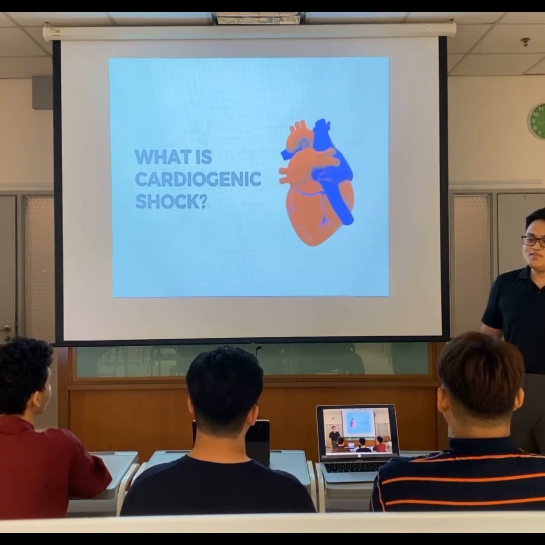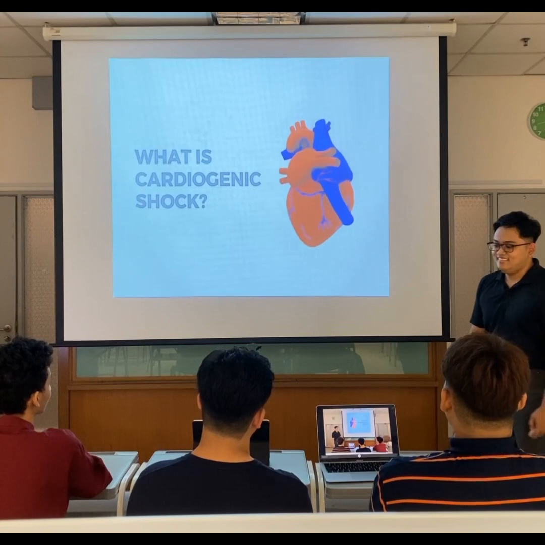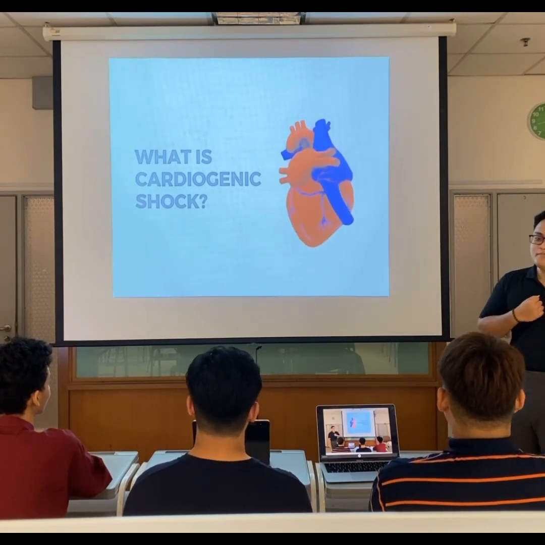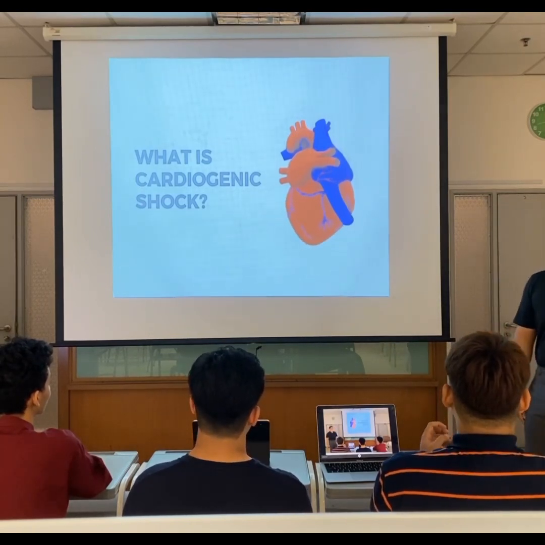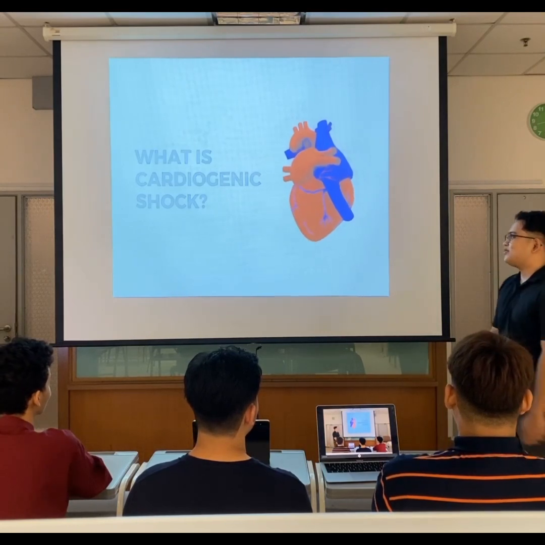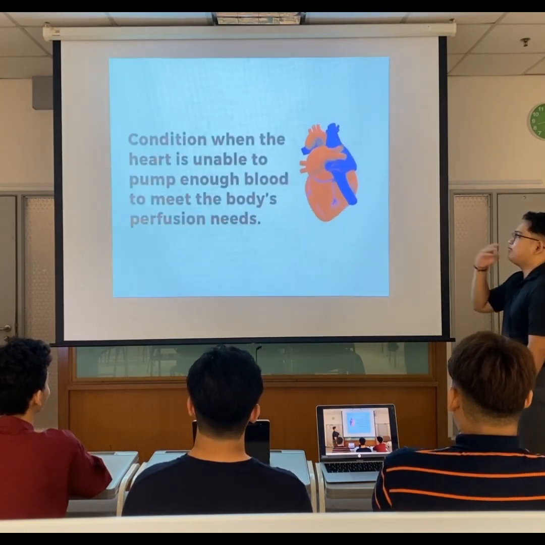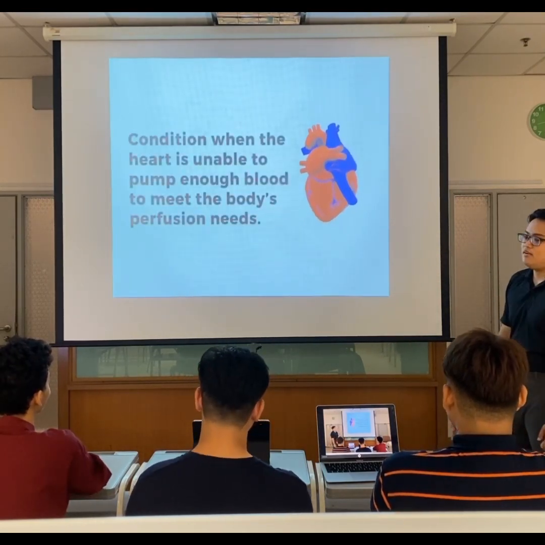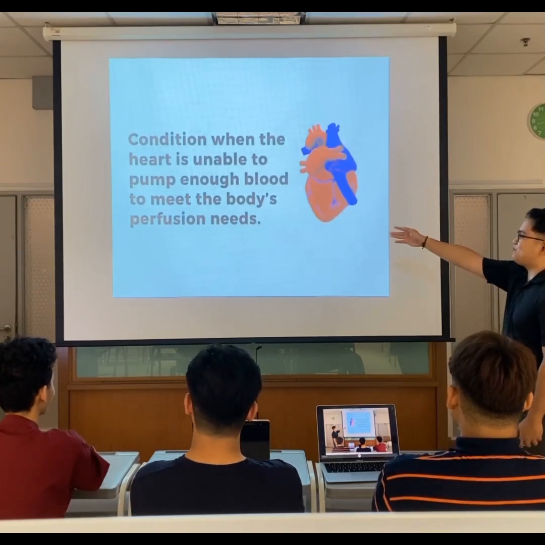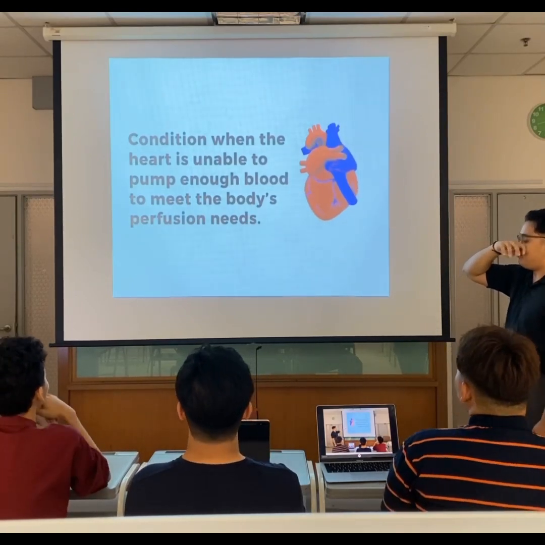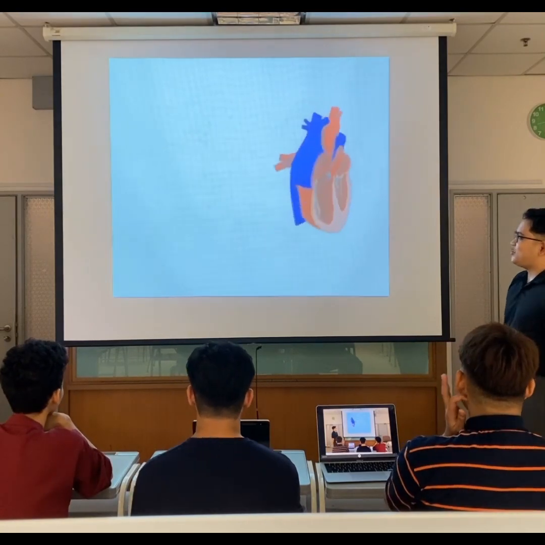Hakim, do you know? Can you help Azim? Cannot pump correctly. Oh, good. So basically, as we learned here, it is a condition when the heart is unable to pump blood to meet the body's perfusion needs.